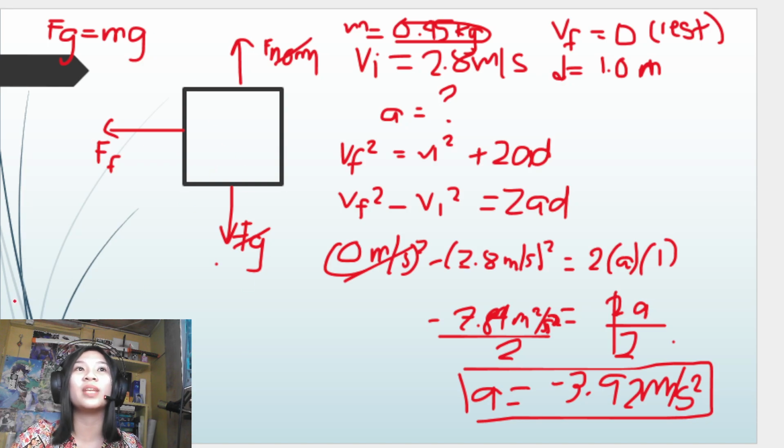Now we can solve the Fnet by the second law, which is mass times acceleration. What is our mass? We have 0.45.